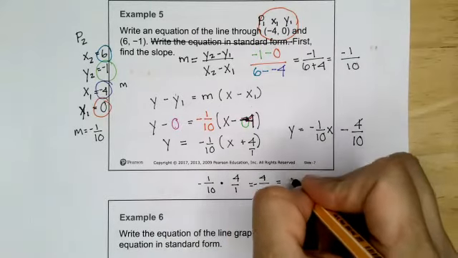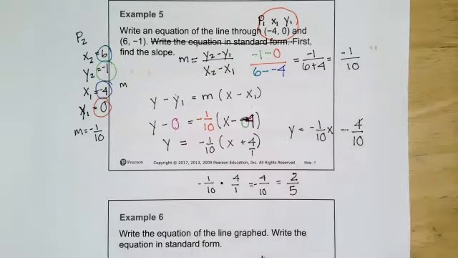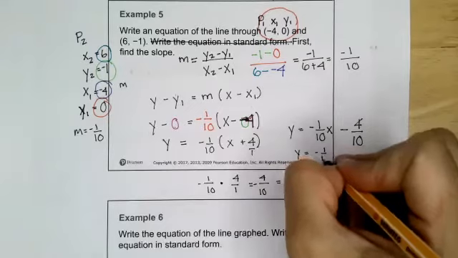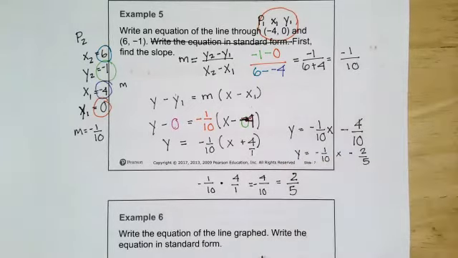I can divide 4 by 2 and I get 2. I can divide 10 by 2 and I get 5. So that's actually y equals -1/10 x minus 2/5.